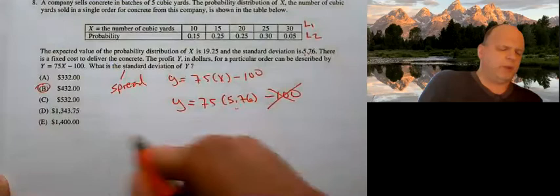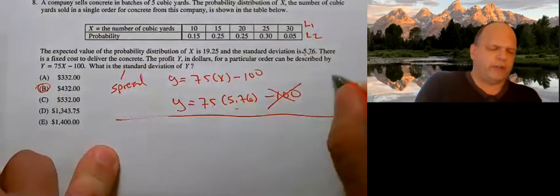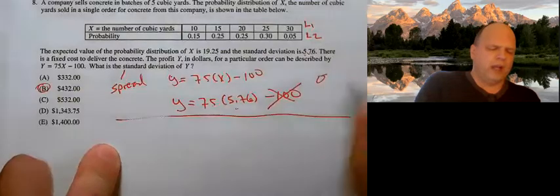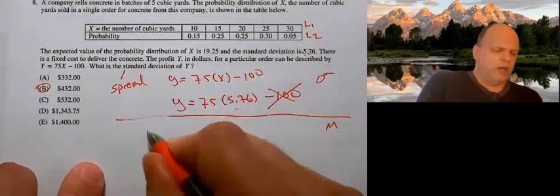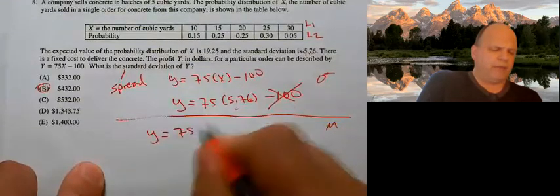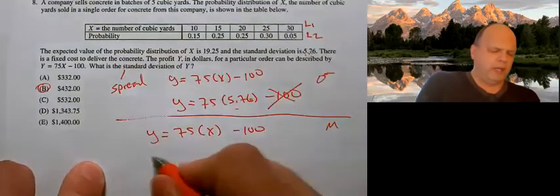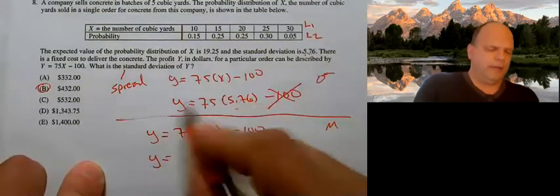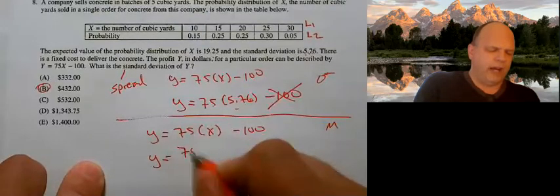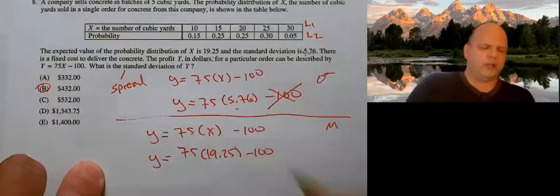Now, had they asked me for my mean, I would have done something slightly different. So this was the standard deviation. If they had asked me for my mean, my equation is still Y equals 75 times X minus 100. And I'm going to plug in the mean, which is 19.25. So 75 times 19.25 minus 100.